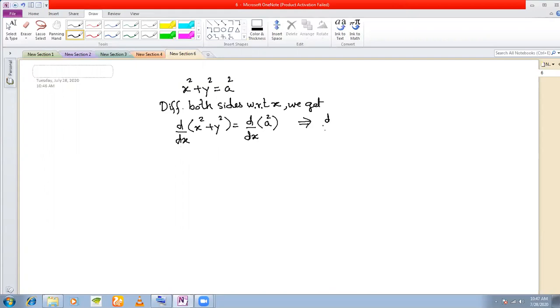That means d dx of x square plus d dx of y square is equal to 0, since a is a constant.